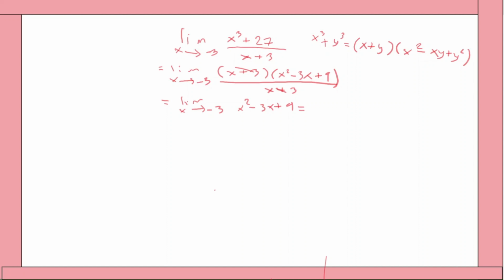So this would be negative 3 squared minus 3 times negative 3 plus 9. Writing it again, that would be 9, and then negative 3 times negative 3 is also 9, and then plus this 9, and 9 plus 9 plus 9 is the same as 9 times 3, which is 27. So the answer to this limit is 27.